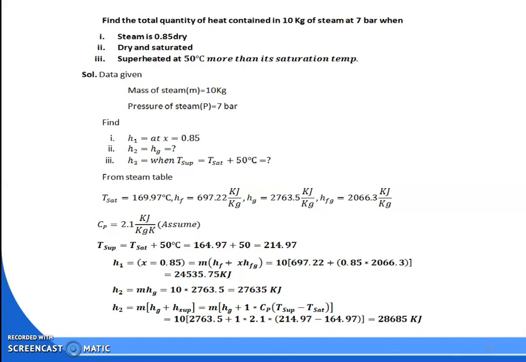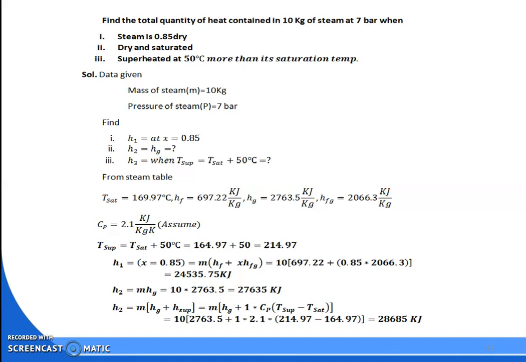Now inserting the values of all this data, that is m is equal to 10 kg, hg is equal to 2763.5, and 1 is the specific mass, because we are multiplying the mass 10 kg outside of this bracket. That's why we have taken this 1. The value of Cp is equal to 2.1, that we have assumed, T super is equal to 214.97 and T saturation is equal to 164.97.